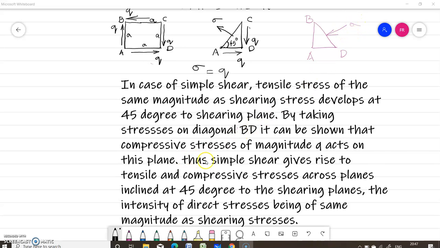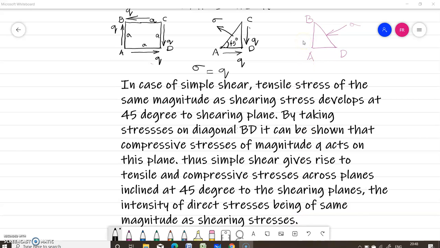So we can say that simple shear gives rise to tensile and compressive stresses across the planes inclined at 45 degrees to the shearing planes, and the intensity of direct stresses is of the same magnitude as the shearing stresses.